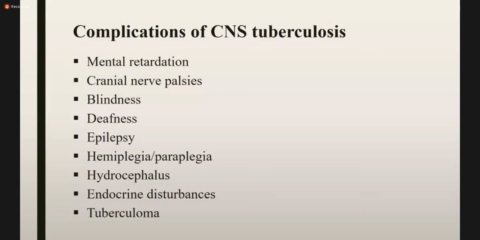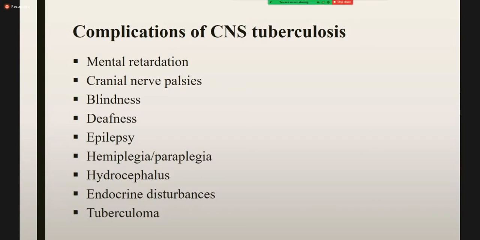Because of the involvement of ischemia and blood vessels, for example the middle cerebral artery, the patient might develop MCA territory infarcts, which later persist as hemiplegia, or the patient might have paraplegia also. Even after interventions like ventricular shunting, the patient may have hydrocephalus, recurrent hydrocephalus.